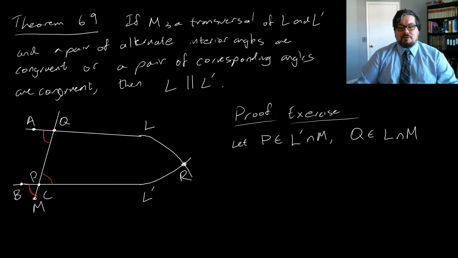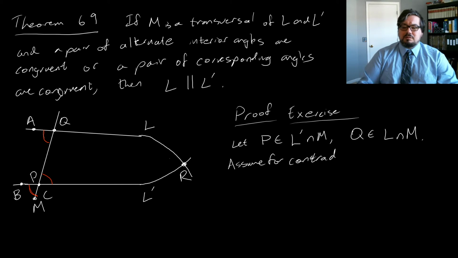And similarly for Q being in L intersect M. Then we could say, assume for contradiction that R lies in L intersect L prime.